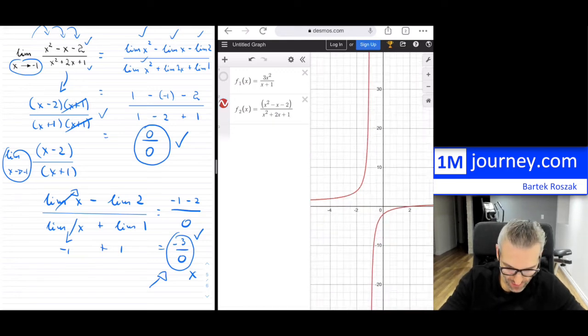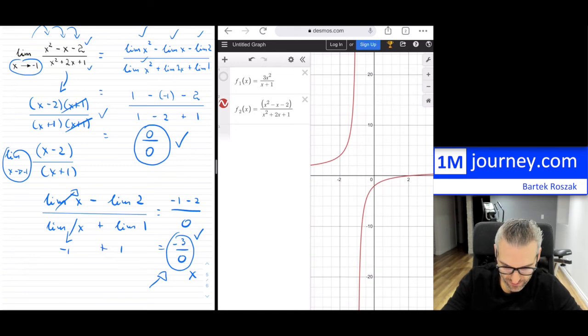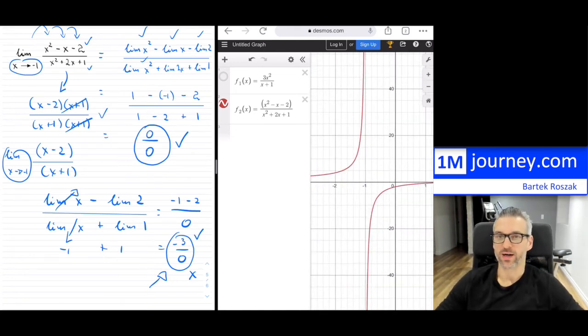And there you have it. We do run into a problem, and we do indeed have, once again, an infinite discontinuity. It just starts to blow up on us.